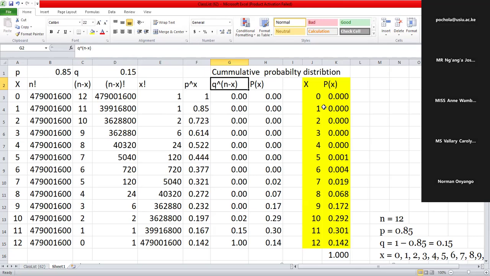Using this surgical procedure, this relates to the probability of getting at most a given value of X. So what's the probability that this doctor will get at most 0, at most 1, at most 2, at most 3, at most 4, at most 5, etc.? That's the at most question.